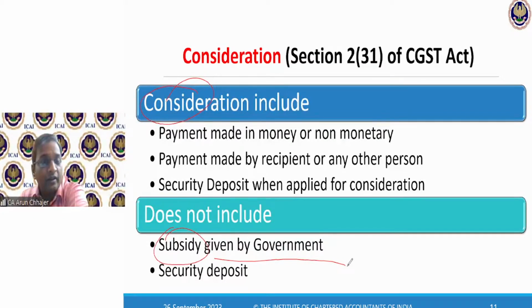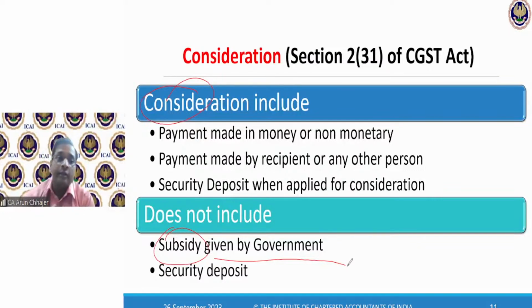Sometimes, let's say Airtel has installed one tower in a rural area. For installing the tower in the rural area, a certain subsidy is given by the Department of Telecommunication, let's say 5 crore for installation of one tower. Airtel is getting the money from the government, but will they pay GST on the 5 crore?